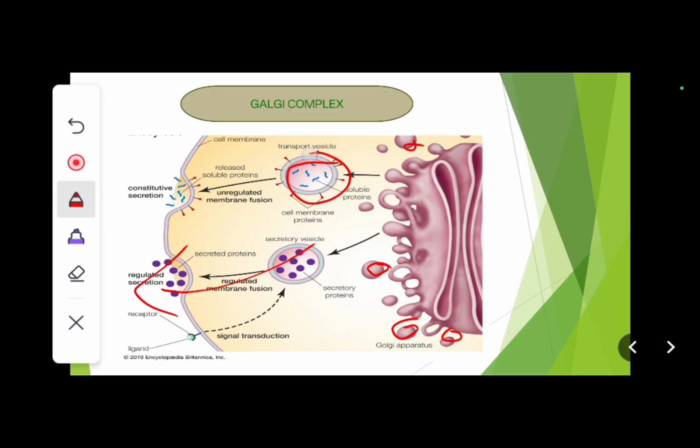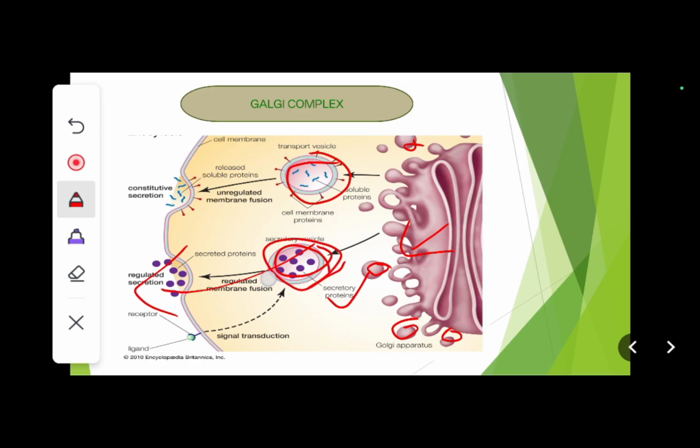One vesicle transports the soluble proteins, and another vesicle transports the secretory proteins. These are the two types of proteins separated by the Golgi complex and packed into vesicles.